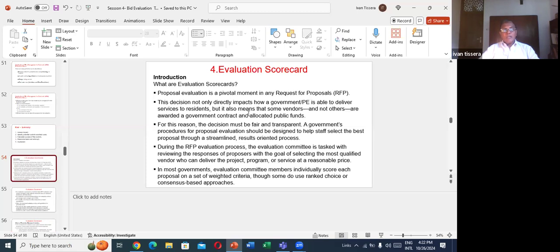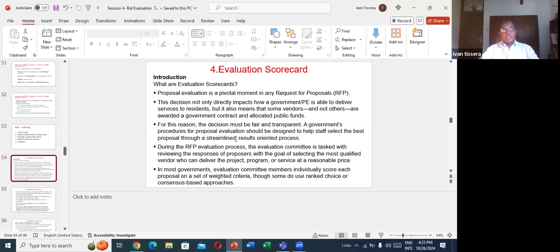This decision not only directly impacts how a government or procurement entity is able to deliver the service to residents, but it also means that some vendors and not others are awarded the government contract and allocated public funds. For this reason, this decision must be fair and transparent.